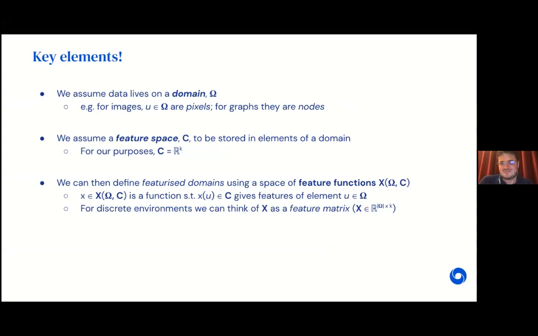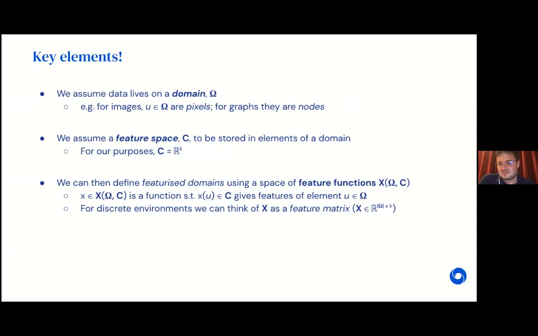Once we have a domain and a feature space, we can talk about what it means to featurize a domain. And we just have to define a space of feature functions X, where individual elements of X are functions that take elements of the domain and give back the feature vector for that particular element of the domain. Now, one thing that's very convenient and will pop up time and time again throughout this talk is that very often our domains will actually be discrete. And as a result, I don't need to think about this x as a function.